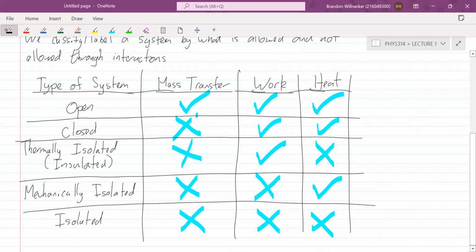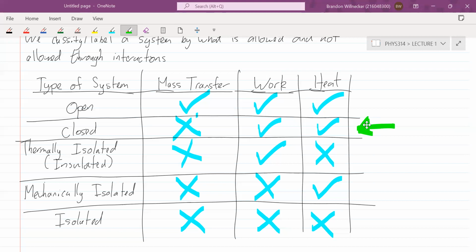Okay, so that's the classification we're going to be using. And from now on, we're only going to be interested in closed systems. We're going to start off looking at closed systems where mass is not transferred, so we don't have any particle exchange.